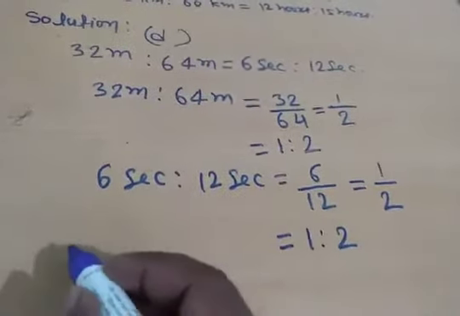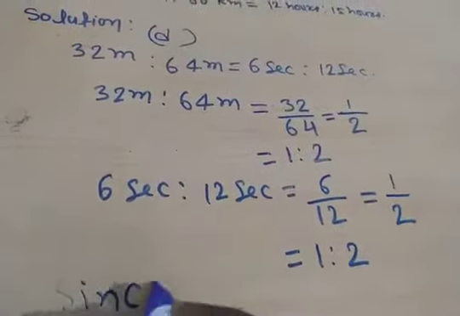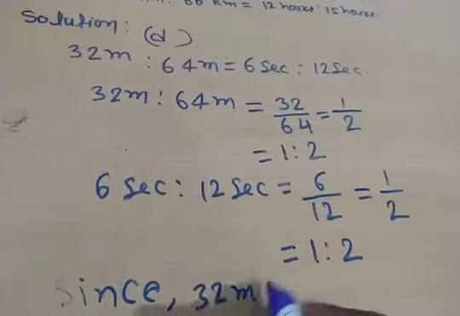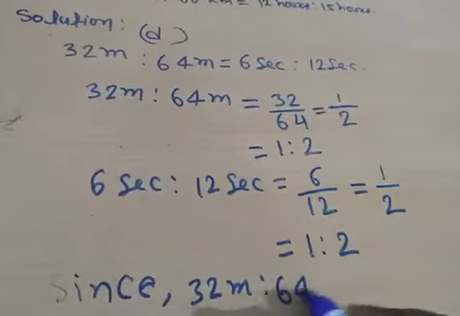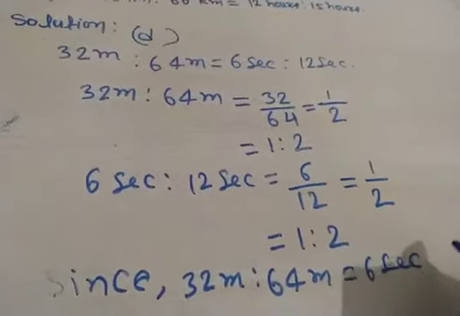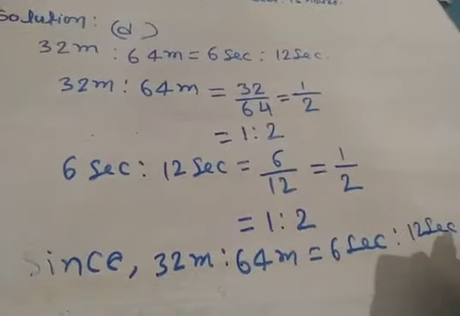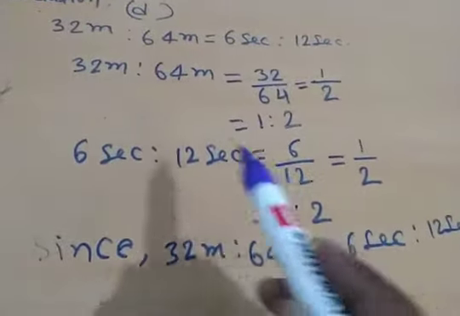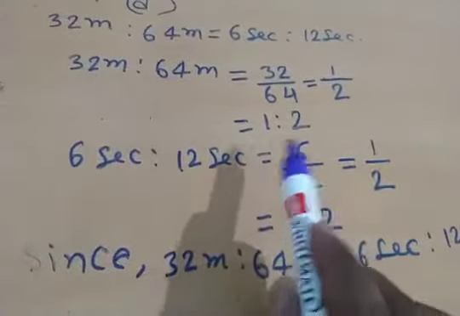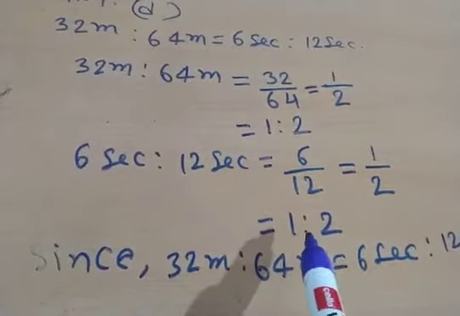So since 32 meter ratio 64 meter is equal to 6 second ratio 12 second, you can see 32 meter ratio 64 meter is 1:2, and 6 second ratio 12 second is also 1:2.